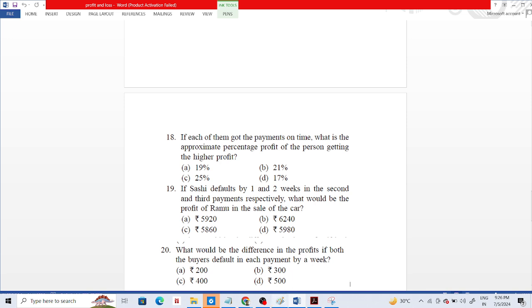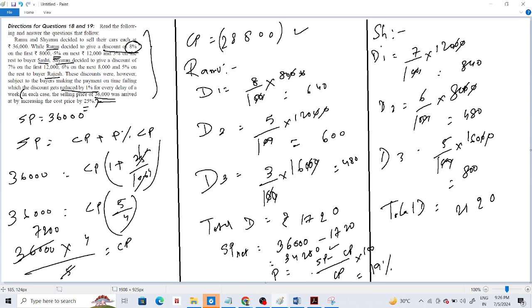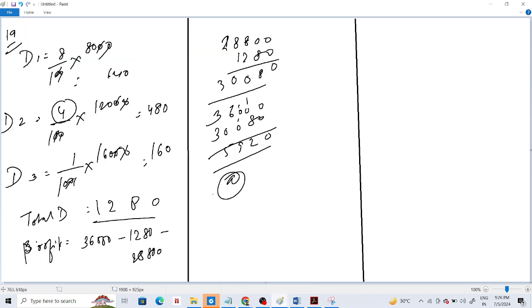So that means what are the discounts that are going to become? So this 8% will become 7%. Okay, so what are the discounts going to become?